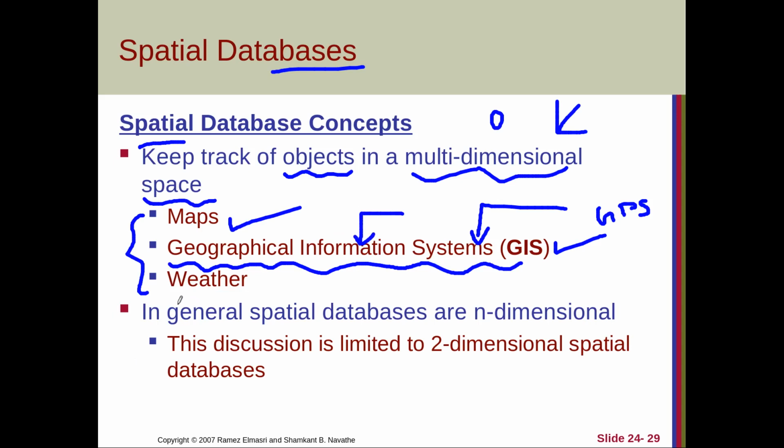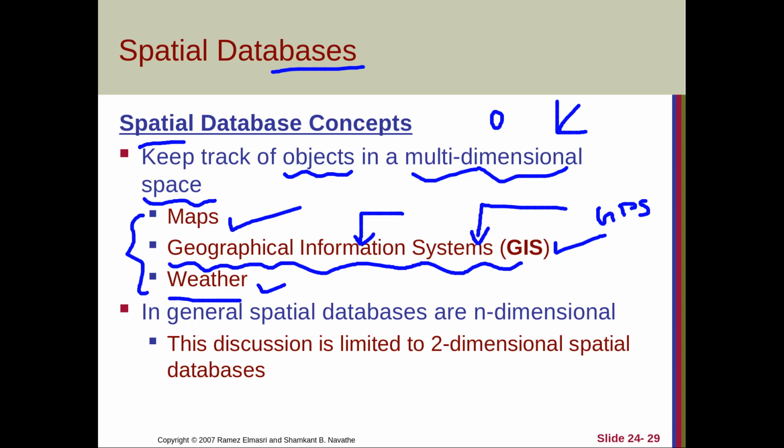The third usage is weather, which I have already mentioned. It is slightly related to the previous concept, the geographical information system. That means representing weather conditions, whether it is a sunny day, a rainy day, a light rain or a light thunder shower.